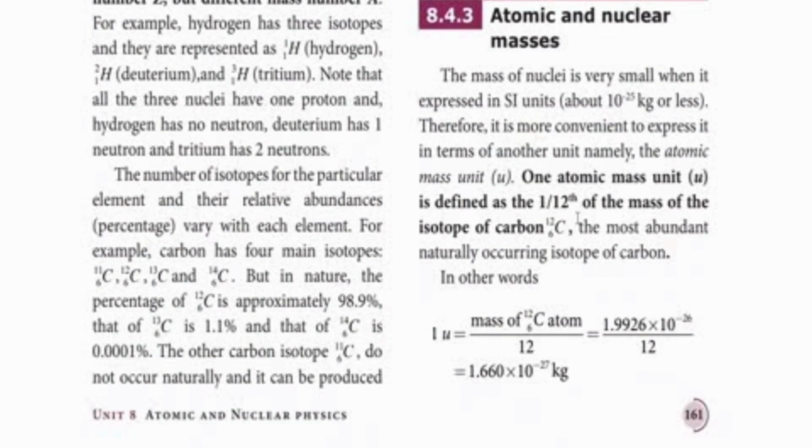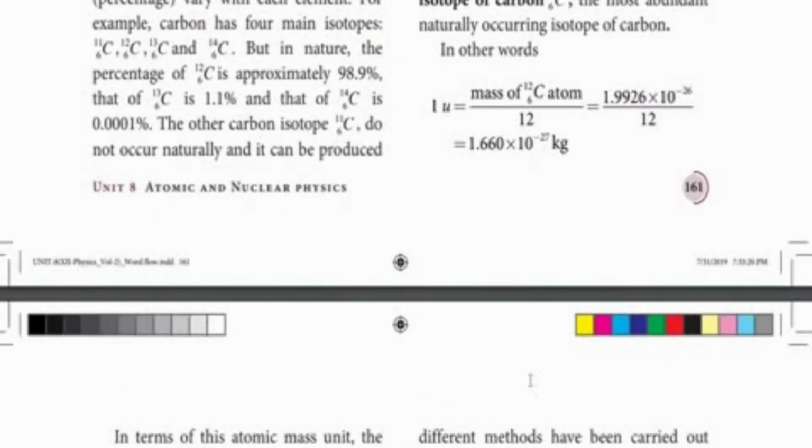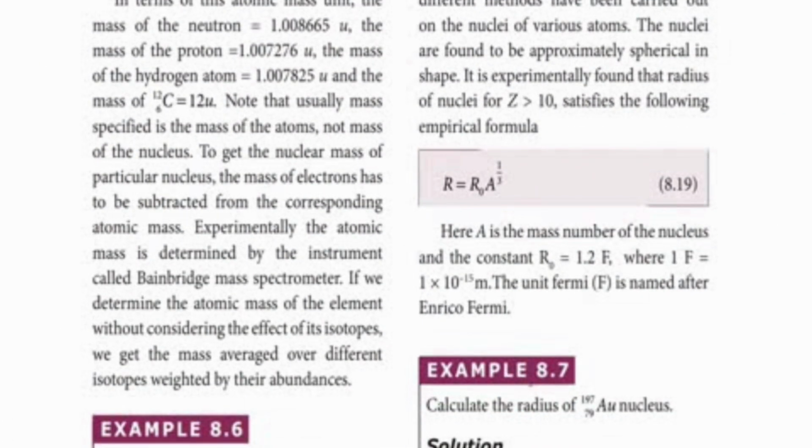Atomic and nuclear masses. One atomic mass unit is defined as 1/12 of the mass of a carbon 12 atom. That is, 1 unit equals the mass of the carbon 12 atom divided by 12, which gives 1.6602 × 10^-27 kilograms.